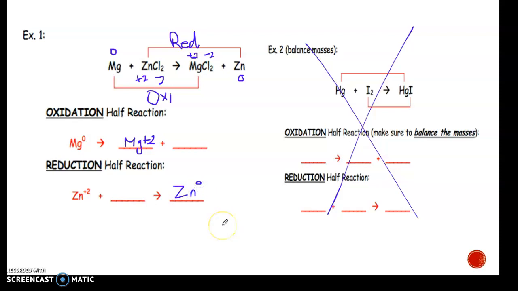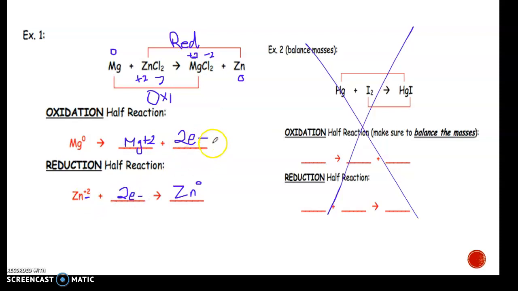Now, how many electrons were involved in going from Mg 0 to Mg +2? Two electrons were lost, and I'm going to write my electrons next to the magnesium with the oxidation state, so it's going to be 2e-. And then for zinc to go from Zn +2 to Zn 0, it gained 2 electrons. So I'm going to write it on the side with the oxidation state once again, so it's going to be 2e-.